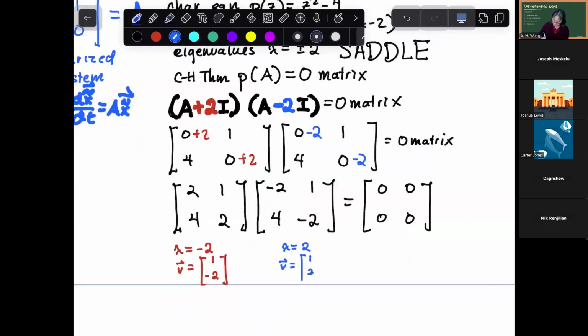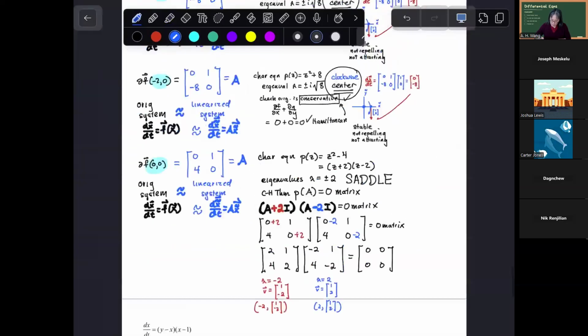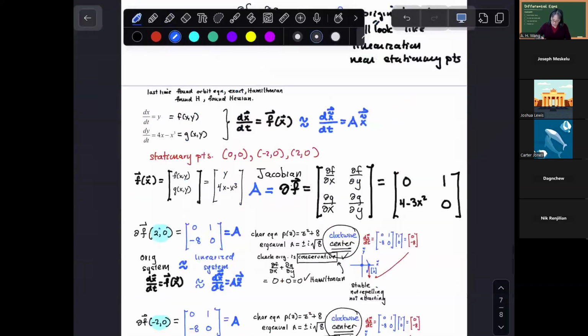Yeah. And you can always write it this way: -2, 1, -2. And then over here, you would write 2, 1, 2, right? Okay. Now, having done that, let me go ahead and move this up so that we have more space.